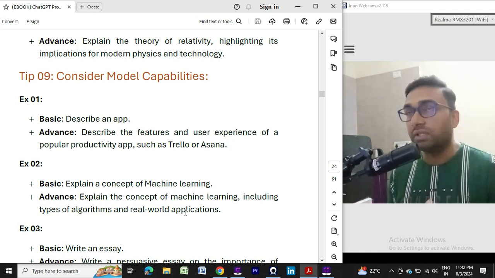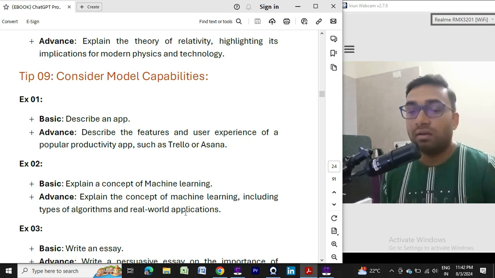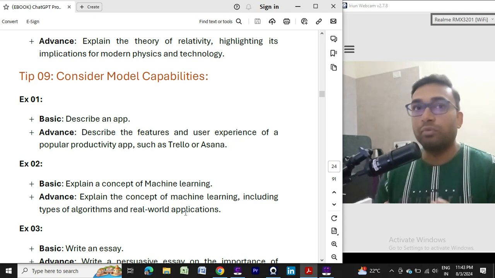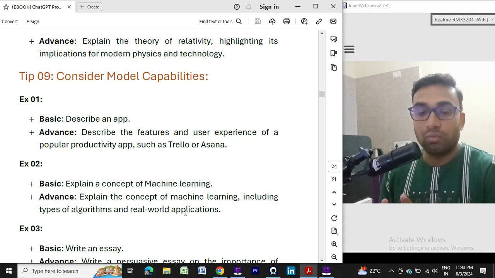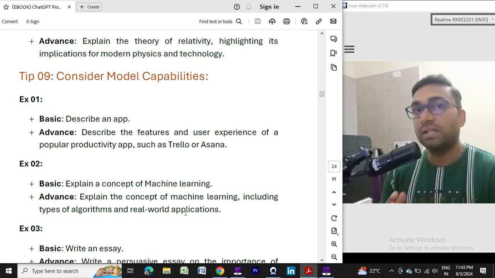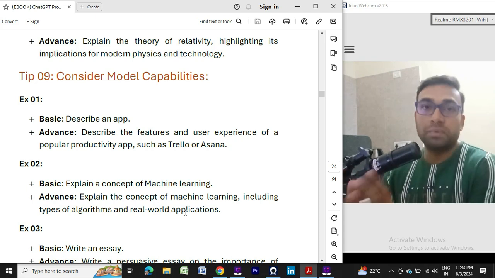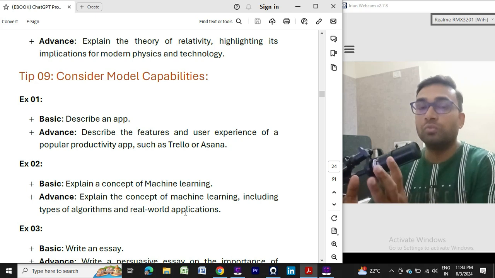So I am modeling a reputed brand in my niche, or a reputed, established, well-known person. I am telling ChatGPT to model that personality or that brand.